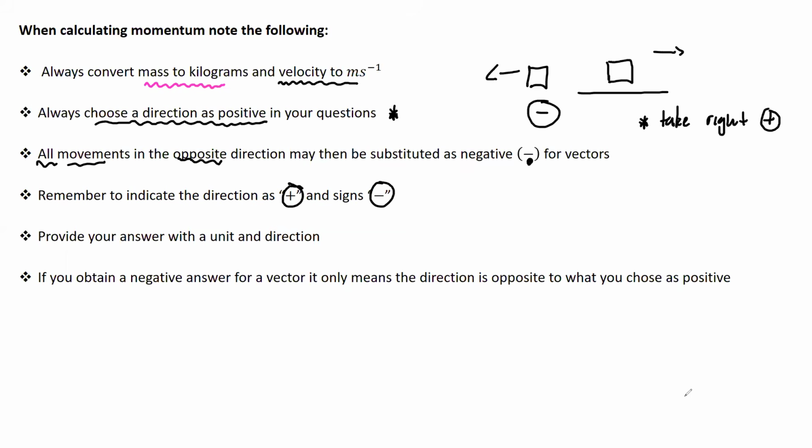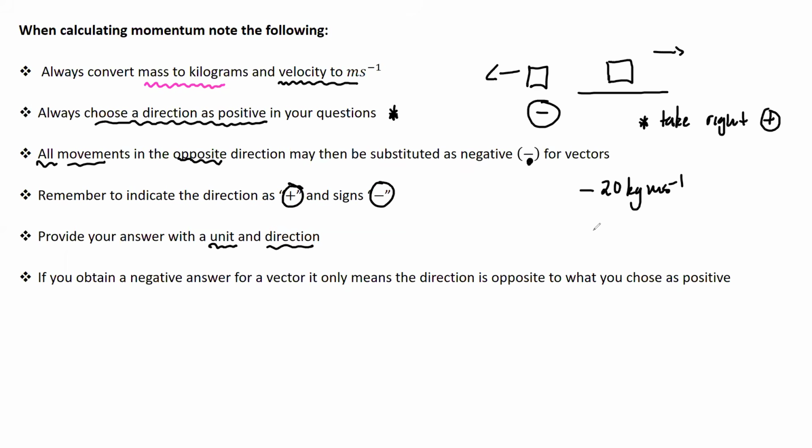And when you write your final answer, you must write it with a unit, which is a number, and a direction. Say for an example, your final answer is negative 20 kilogram meters per second, if after the calculation, that's what your calculator gives you. What it implies is the following.